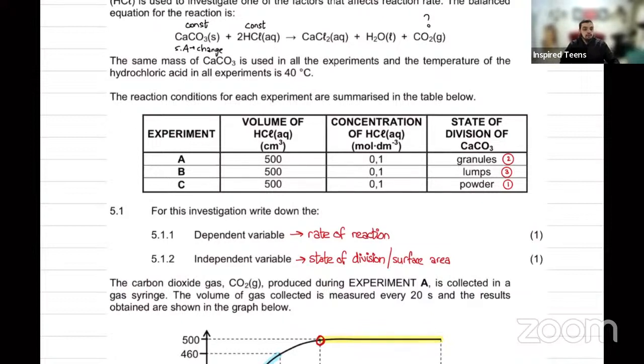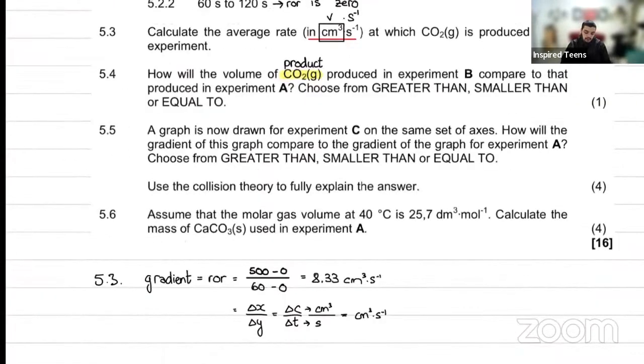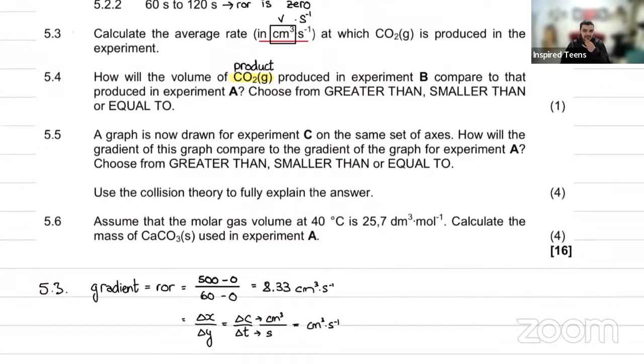Because we're using the same amount of reactants in experiment A and B, or whichever ones they're asking us to compare, we're going to form the same amount of product. So it's kind of like a trick question, right? The volume of CO2 produced in experiment B compared to that in experiment A is actually going to be equal to. Why? Again, because we use the same amount of reactants.